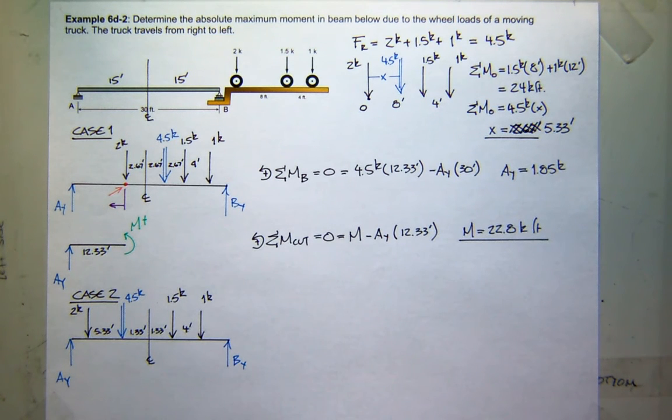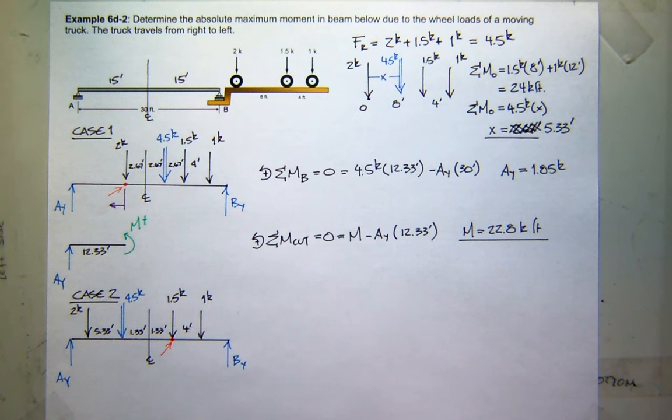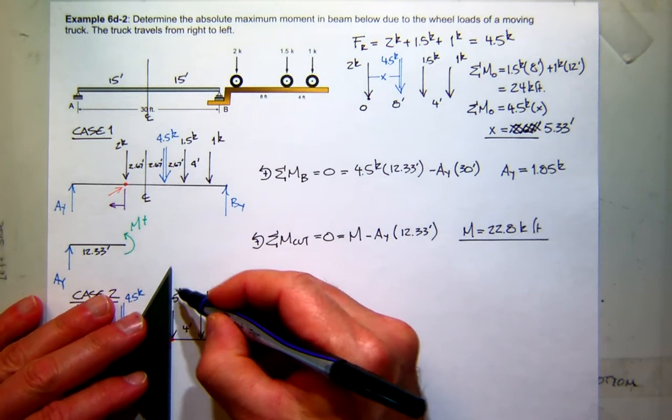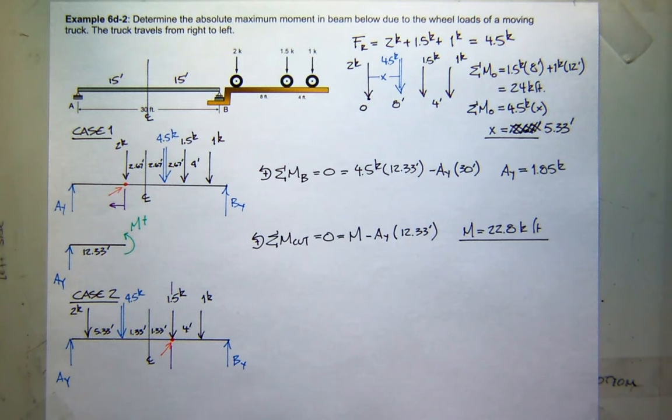And where are we trying to find the moment? Here. So now when I cut the structure, left or right? Yeah, there's actually no advantage. Because if you look to the right, I've got to consider this force and the reaction.